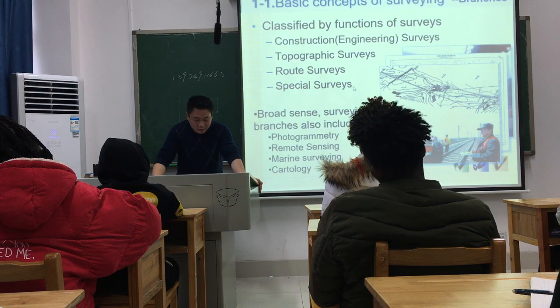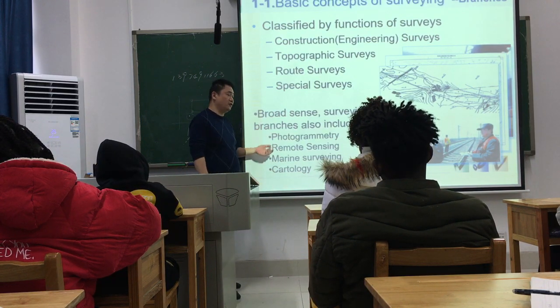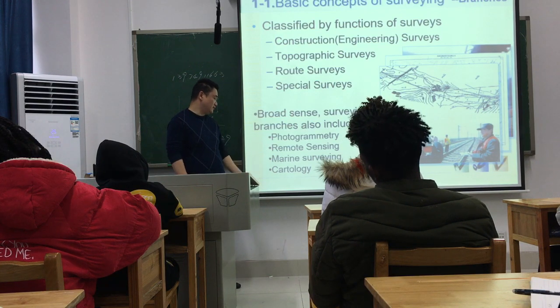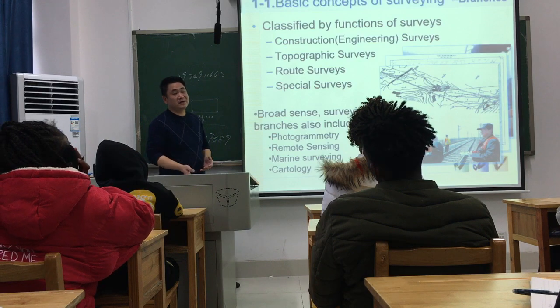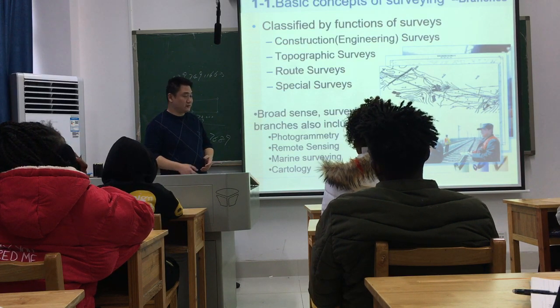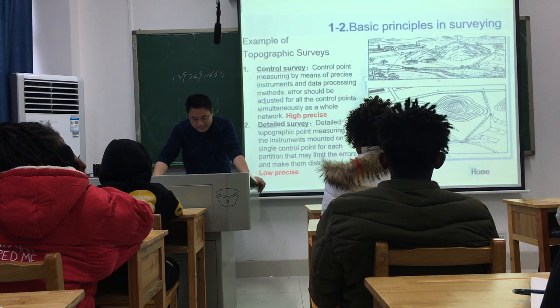Okay, of course. In a broad sense, survey branches also can include photogrammetry, remote sensing, marine surveying, and cartography, and sometimes some mapping engineering, and sometimes even the science of bridges. Yeah. Okay.